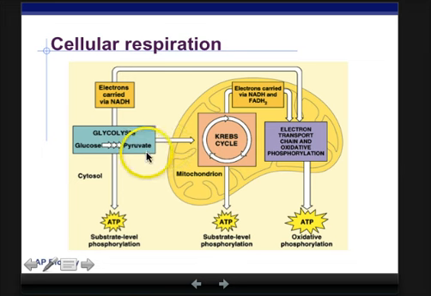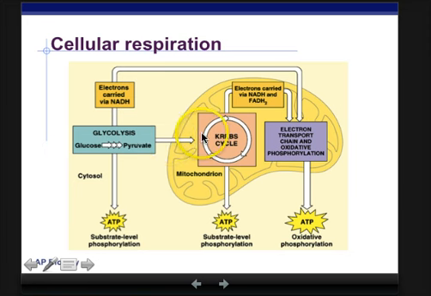Then pyruvate moves across the membrane via active transport into the mitochondrion and goes through that conversion where a little CO2 is given off and it's combined with coenzyme A to form acetyl-CoA, which gets to go into the Krebs cycle. So for each 1 molecule of glucose, of course, we get 2 pyruvates.